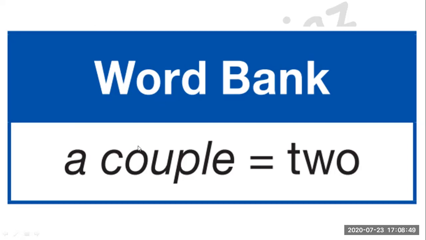Two people, two things, two animals. But it depends on the context again, because I could say, well, I have a couple of students in my class. Maybe a couple for me, it's 5 or 6. A little amount, but it's not only two. It depends on the context.